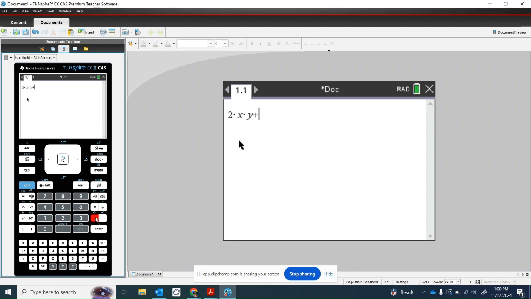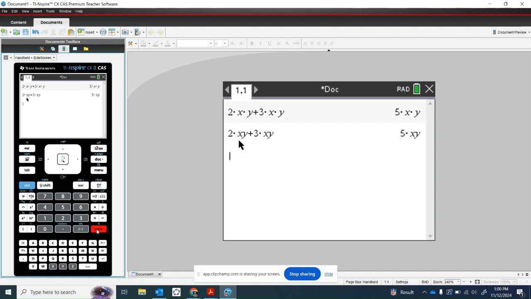And if I want to add 3xy, I need to do times x times y in order for it to do the simplification. So there should be a times sign between every single piece within the term.